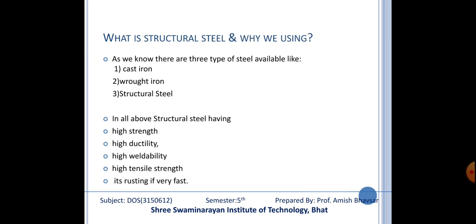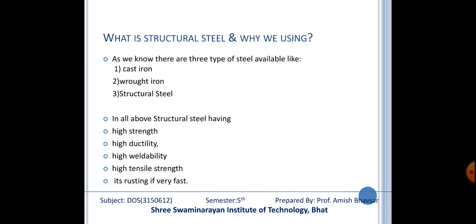Wrought iron is used for making chains, hooks of cranes, and sleepers of the railway track. So this wrought iron is used in these different places.